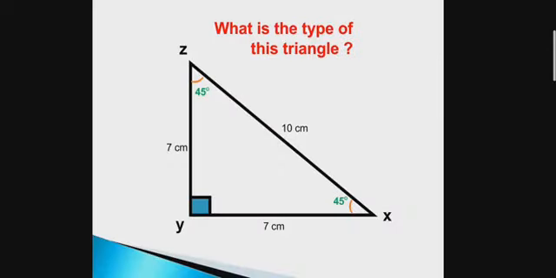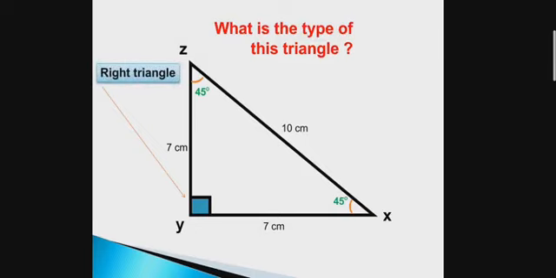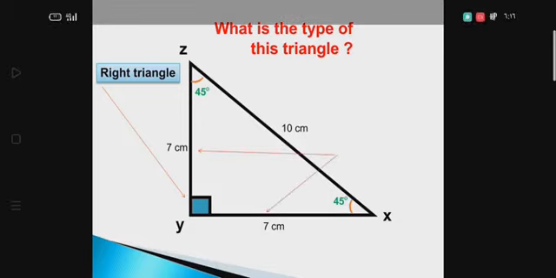Now you know all the types of triangles. I want you to look at this triangle and tell me what type of triangle this is in two ways, by angles and by sides. Look at this angle, the right angle. Only one right angle is enough to let you know it's a right triangle. Now look at the sides. There are two equal sides, 7 cm, XY and YZ.